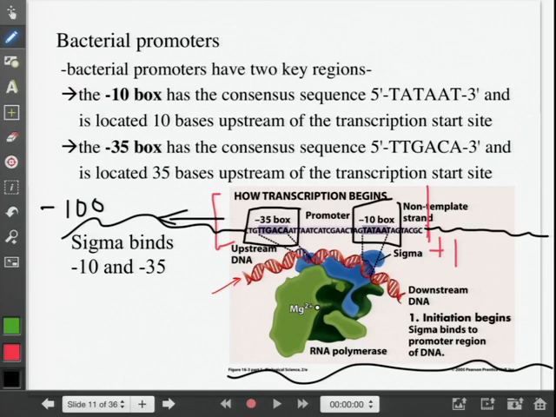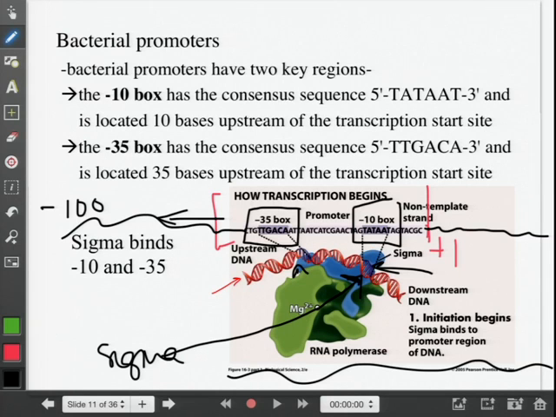So the sigma factor, they're showing this guy, sigma is blue, this blue blob right there, is contacting DNA at both that site and the minus 10. It grabs it and pulls in RNA polymerase to start transcription. So that's transcription initiation, essentially.